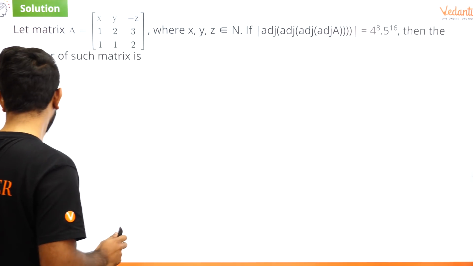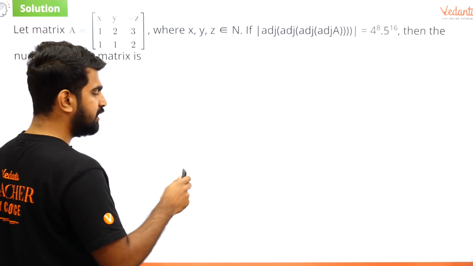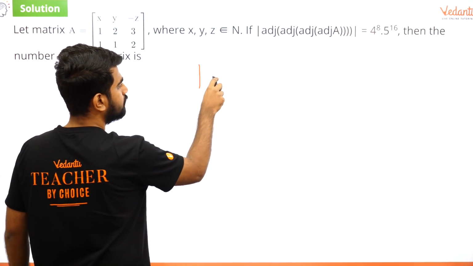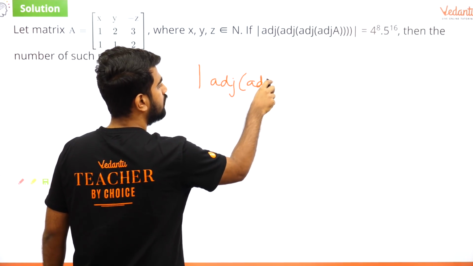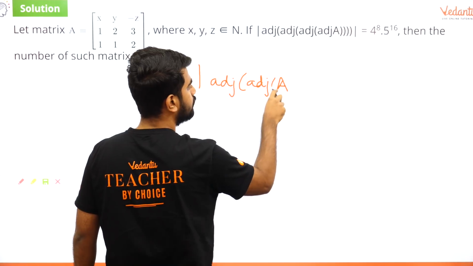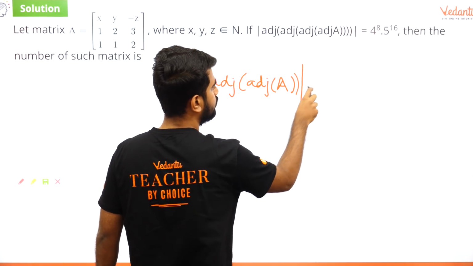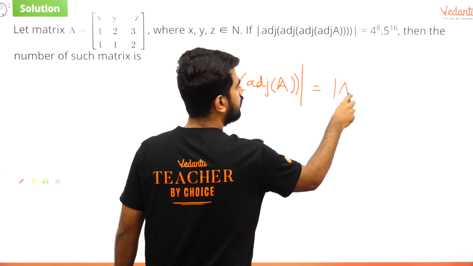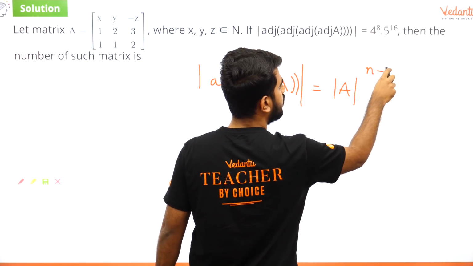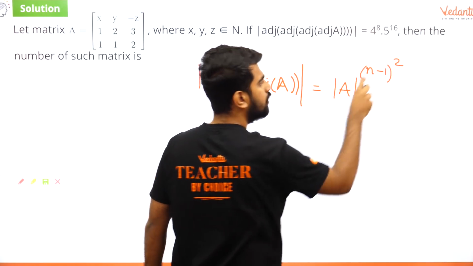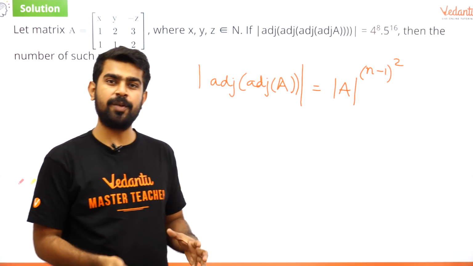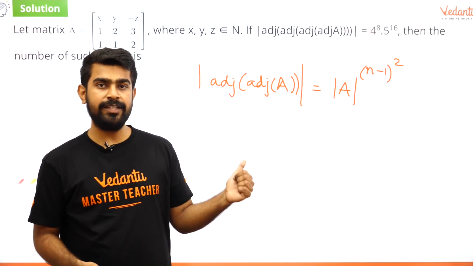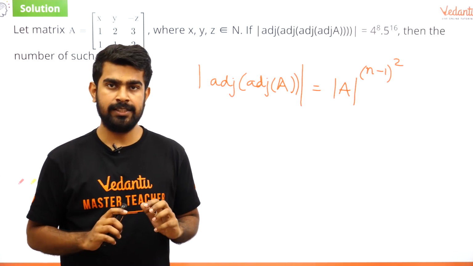Okay guys, so I'm sure you must have seen this expression, that determinant of adjoint of A is nothing but determinant of A raised to the power n minus 1 whole square. Are you guys aware of this? Have you seen this somewhere in textbooks or maybe exams? This is quite frequent in the JEE mains stage as well.